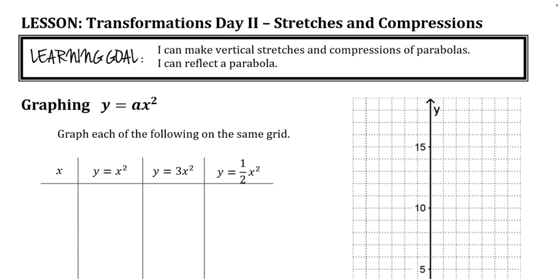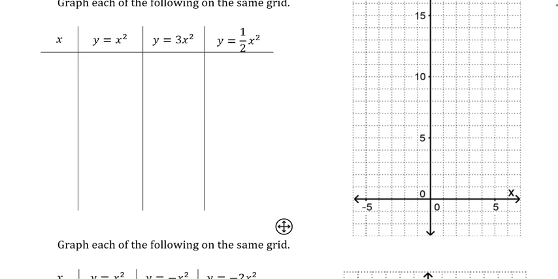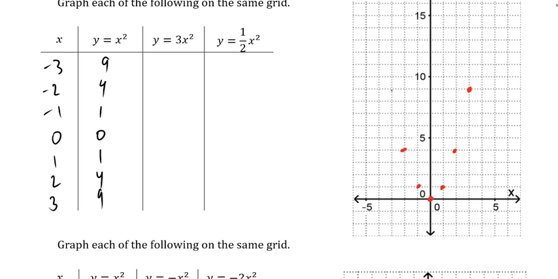So I'm going to quickly graph the base function, -3, -2, -1, 0, 1, 2, 3. And we know, I hope now, that it works like this. Okay? And if I graph it, I'll graph this one in red. On the learning goal today, you had to graph this both times.